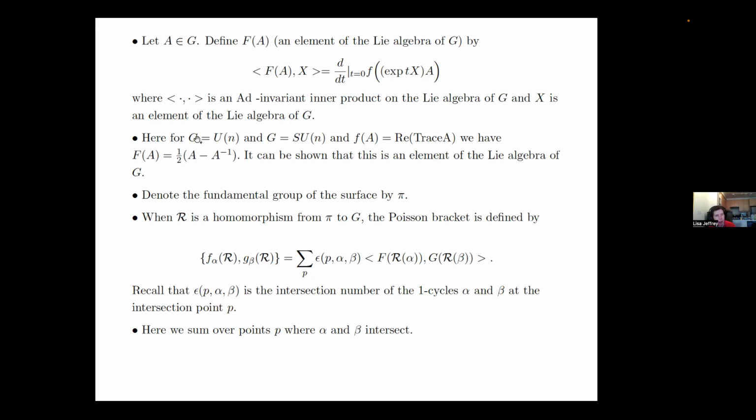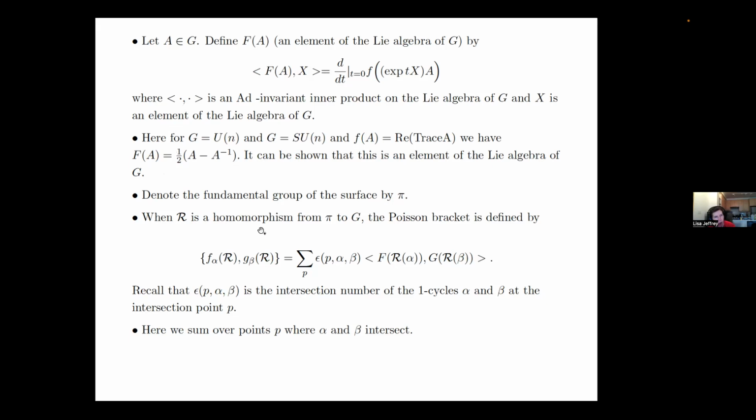So in the case of G equals U(N) or SU(N), F of A is just half of A minus A inverse. It can be shown that F of A is an element of the Lie algebra of G. This definition, by the way, is due to Bill Goldman.